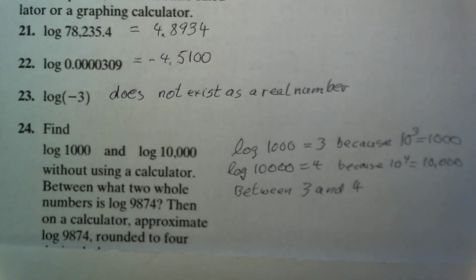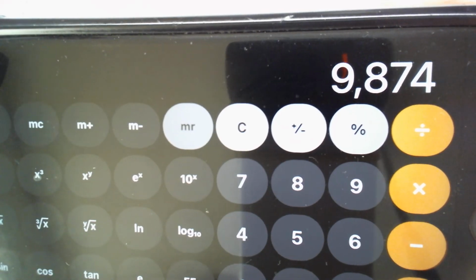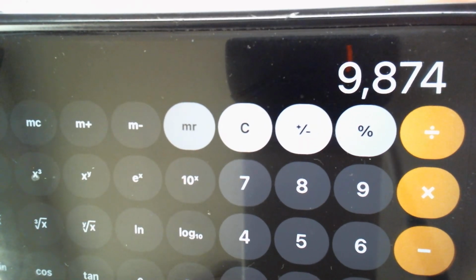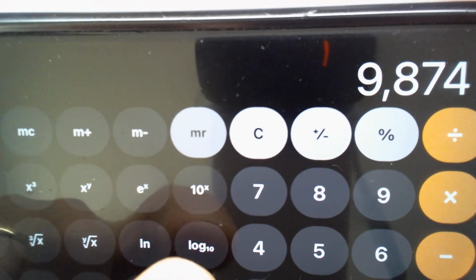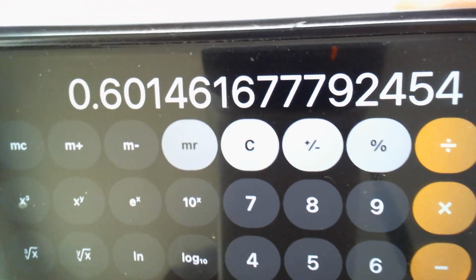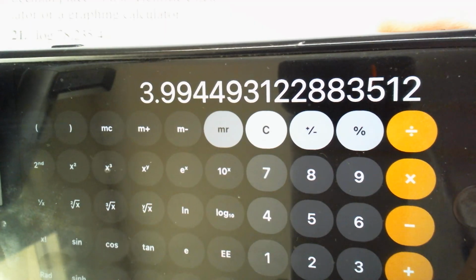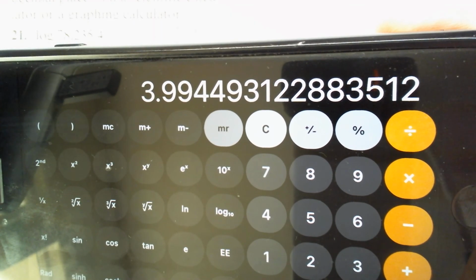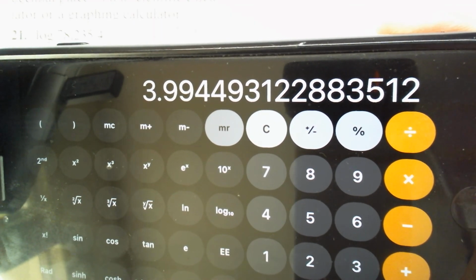And then using a calculator to approximate the log of 9,874 and round it to 4 decimal places, the log base 10 of 9,874 is equal to 3.9945 rounded to 4 decimal places.